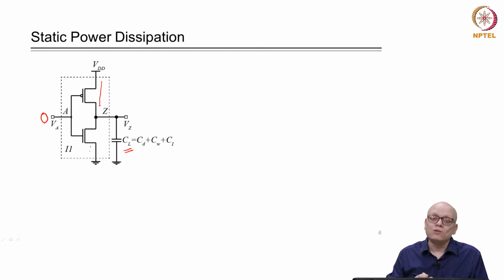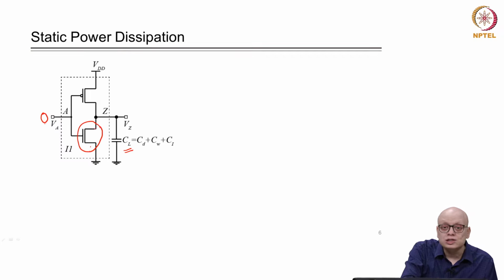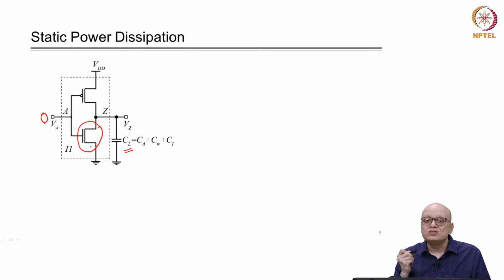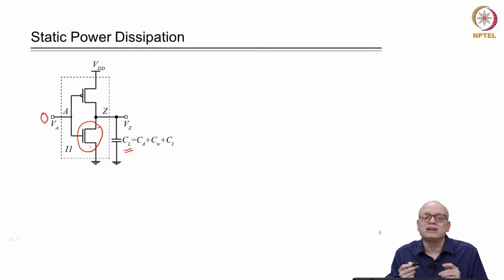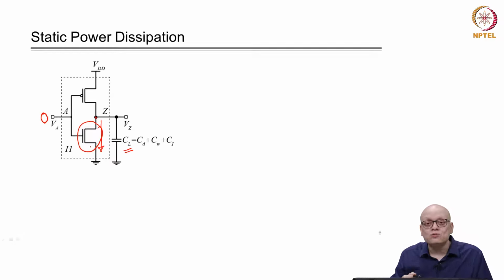But in reality, whenever the input is 0, this transistor which we assumed to be completely switched off does not get completely switched off. It leaks some current from this point to this point because of various reasons. So, what are the reasons why there can be some current along this path?